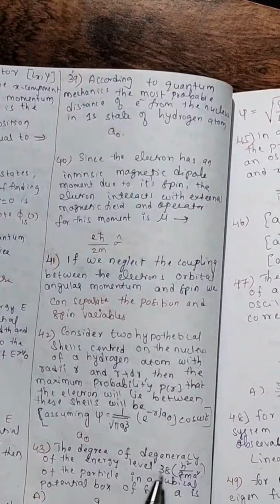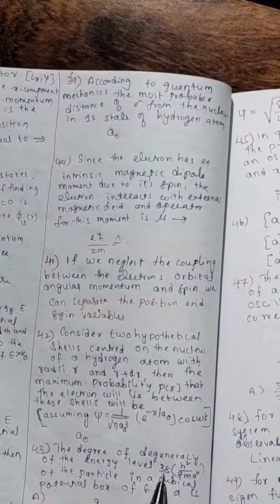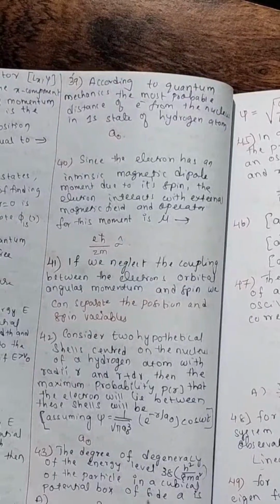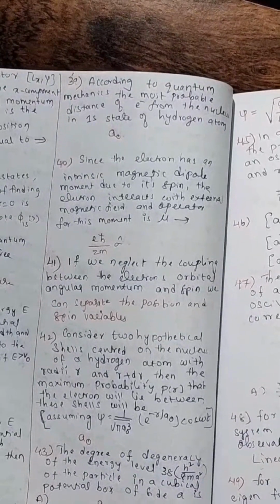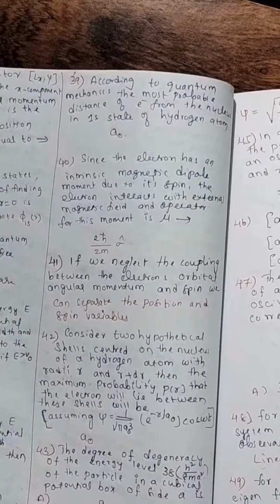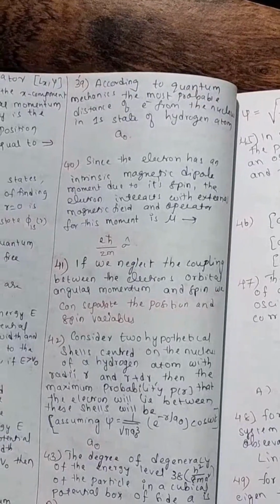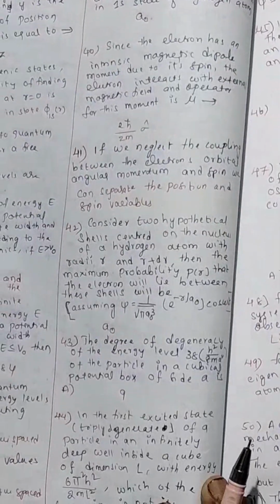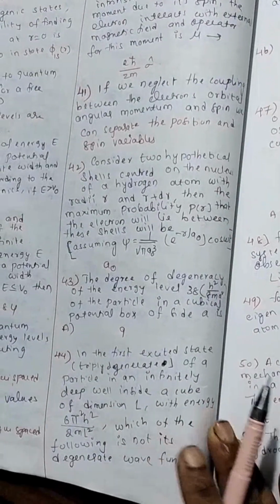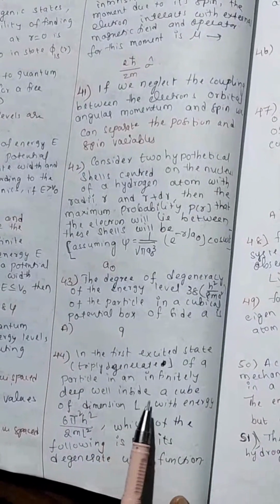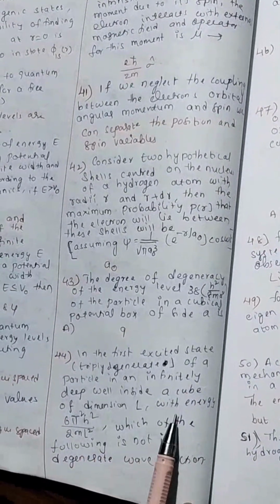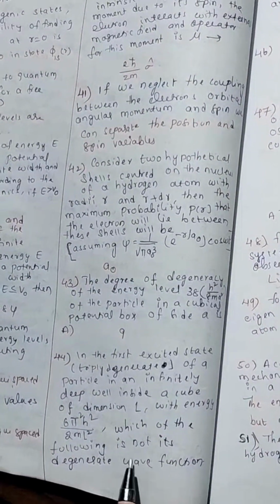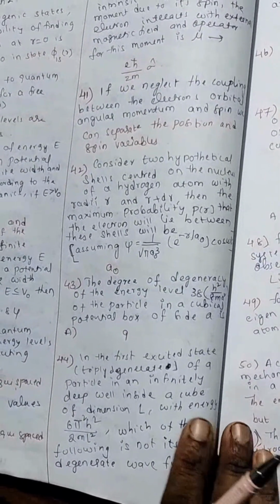Now next, the degree of degeneracy of the energy level 38 h square by 8 m a square for a particle in a cubical box of side a is 9. In the first excited state, the degeneracy of a particle in an infinitely deep well inside a cube of dimension L with energy 6 pi square h cut square by 2 m L square, which of the following is not degenerate, he asked.